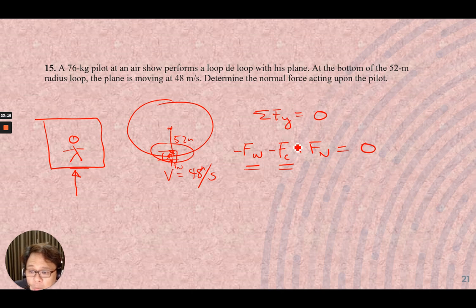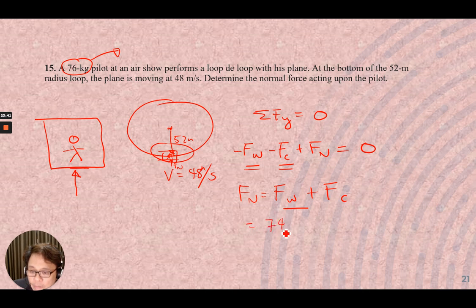That is what we need to solve. So F sub n would be equal to Fw plus F sub c. But what is Fw? Fw is the weight of the person. So Fw is 76 times 9.8. We just convert it. You get 744 newtons.